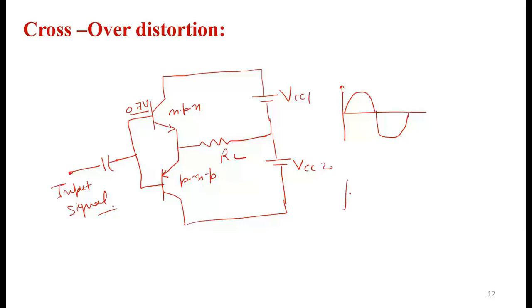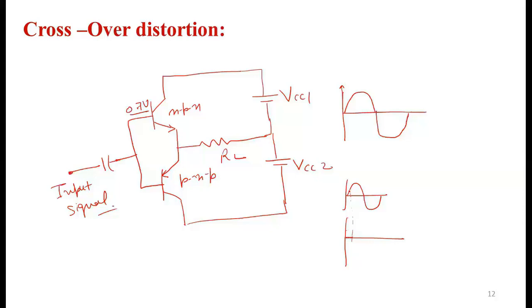So let's draw the input signal. Until it is 0.7 volt, the transistor will be off. This is off for the complete negative cycle, and this transistor will be off until the input reaches 0.7 volt. So up to this point, the output will be 0. So we can say that up to 0.7 volt, the output will be 0.